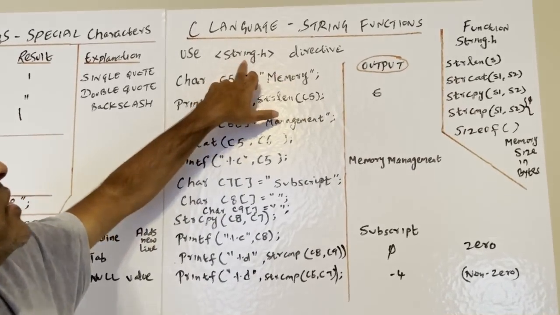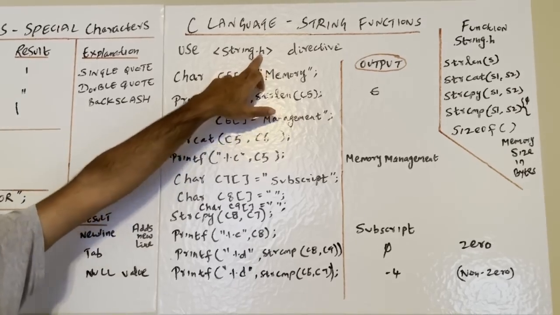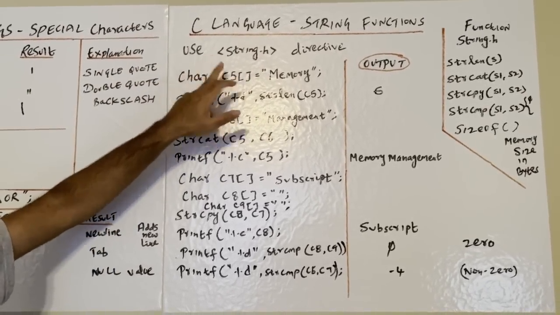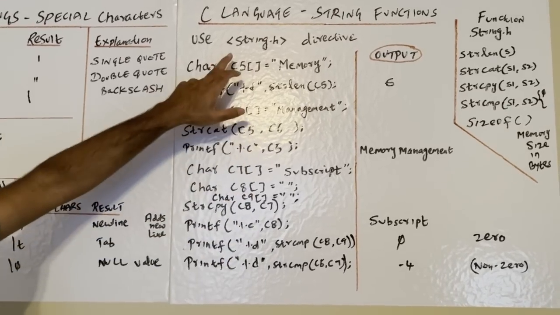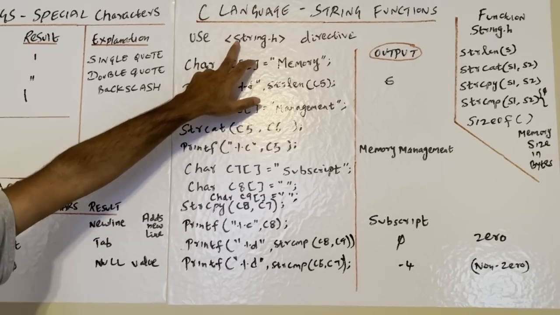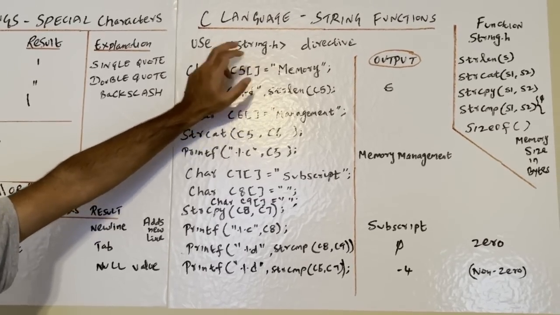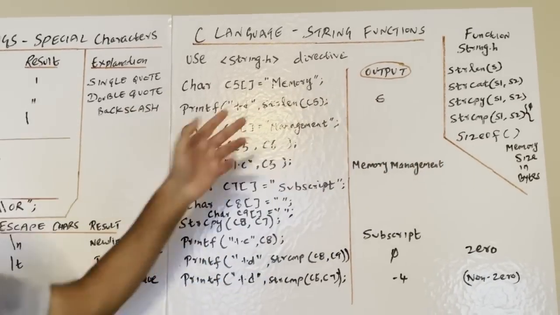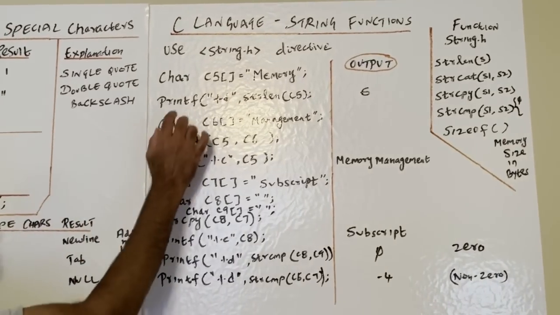In this file, string.h is a predefined file. C language provides us this file automatically. So you just have to say in the program #include and then this file. #include string.h means it will retrieve all the values for this from the library and insert them in the program.